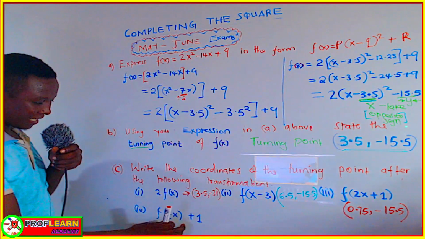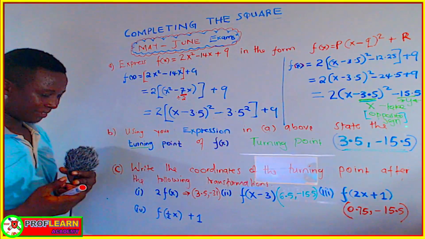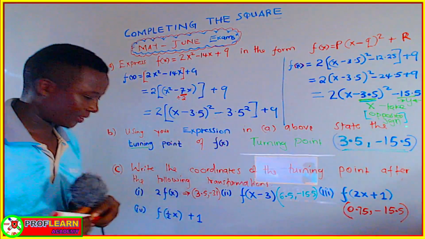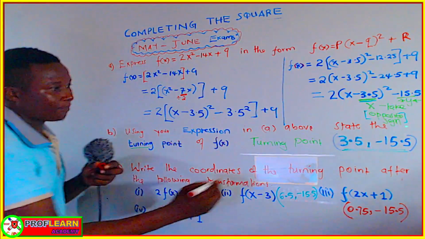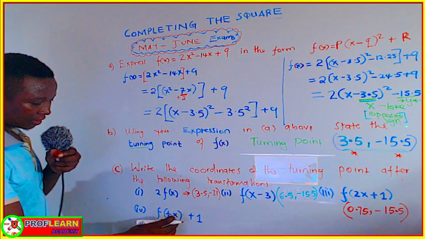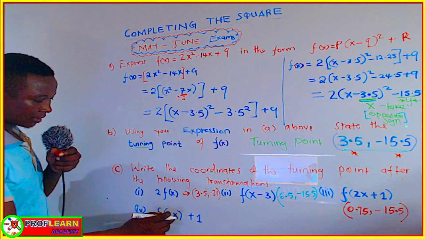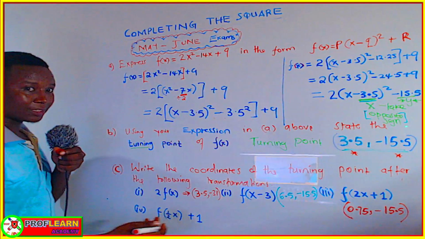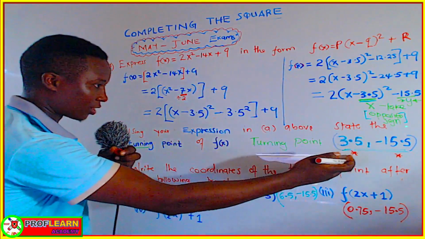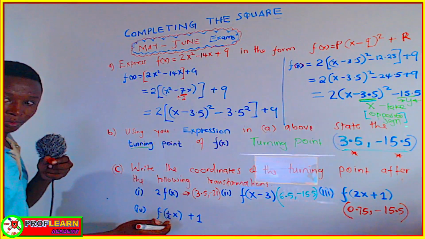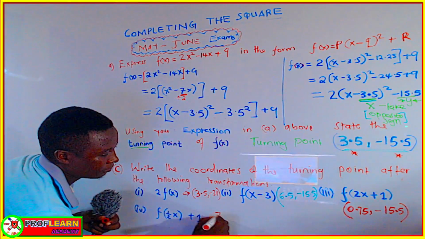Now I believe we have talked a lot about the x transformation inside the bracket. This one has both inside transformation and also outside the bracket. So in this case, the values of x and the values of y are both going to change. How are the values of x going to change? This is a half x, so meaning opposite. This is divide by 2, so we are going to multiply the x coordinate by 2. So this is going to be 3.5 times 2, which is 7.